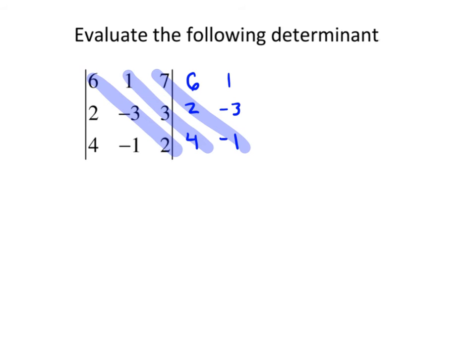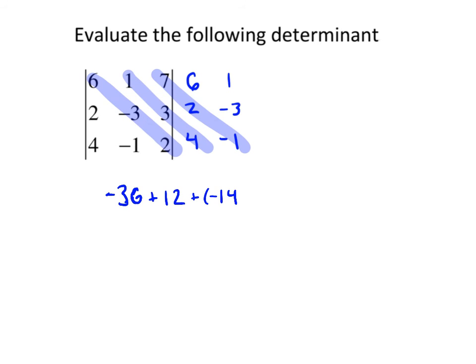All right, so start with the majors. We have 6 times negative 3 times 2. What do we get? Negative 36. Plus 1 times 3 times 4. 12. Then plus 7 times 2 times 1.